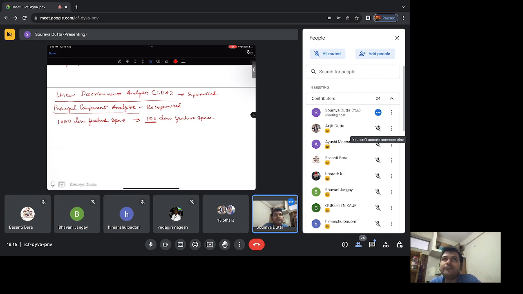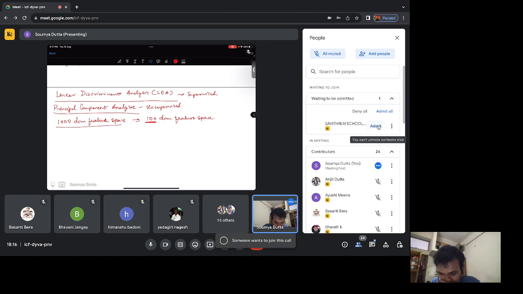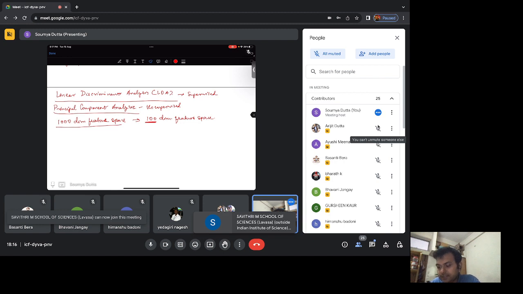However, if you think about it very intuitively, apart from this 100 dimensional feature space, suppose somebody comes and tells you that these are your features, and out of all your data points, these are the data points which correspond to class 1, and these are the data points which correspond to class 2. Let's talk only about 2 class classification.